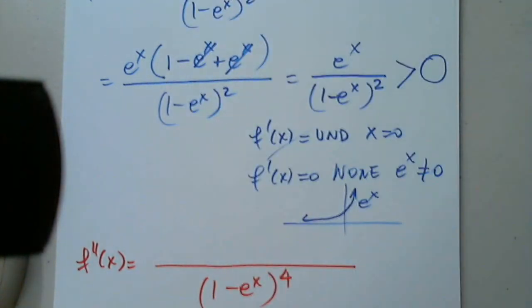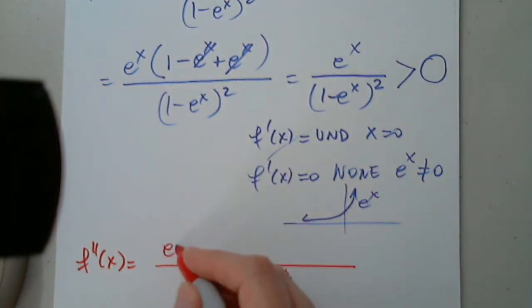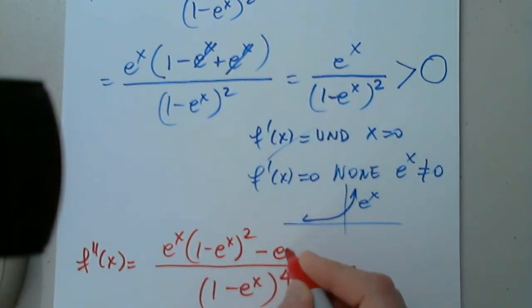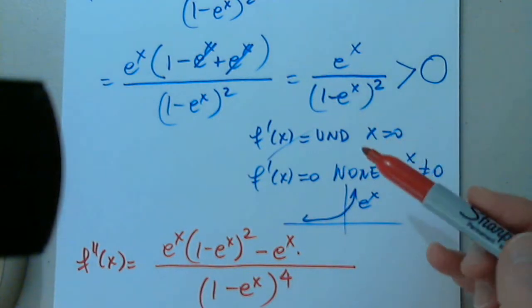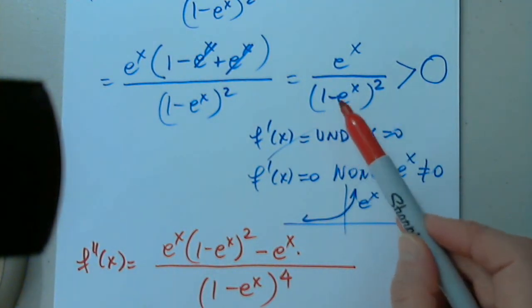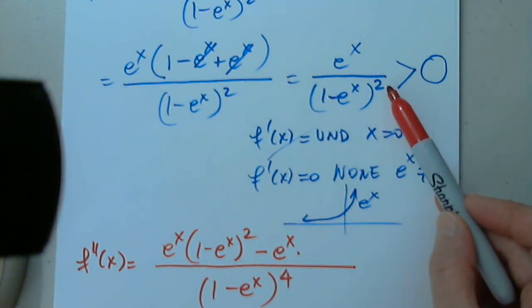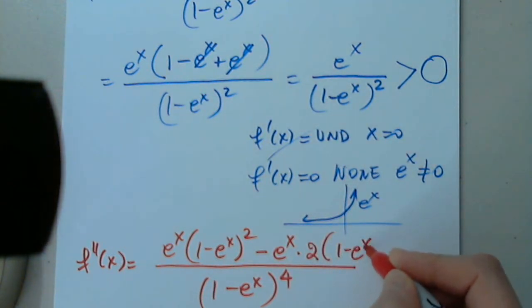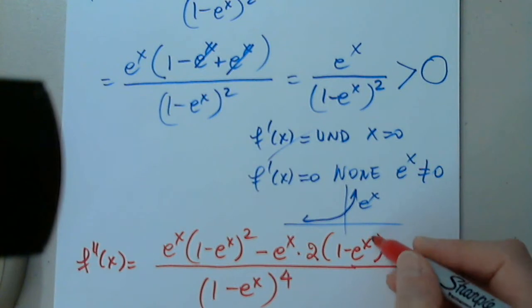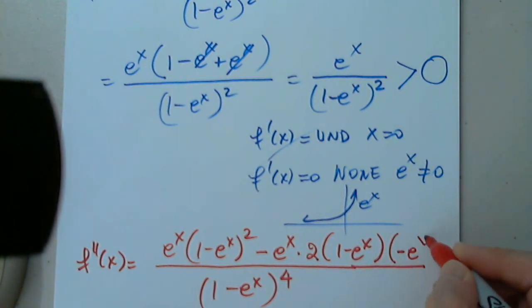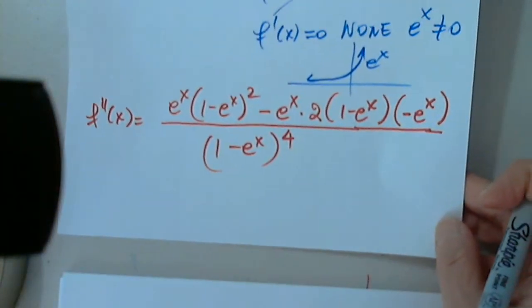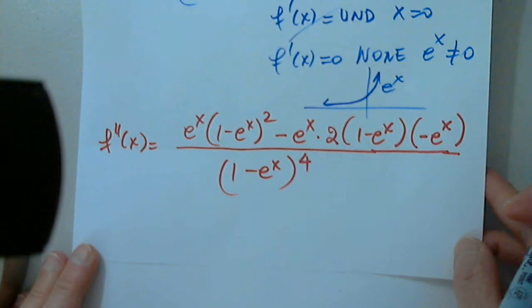The top function prime is e to the x times the denominator minus e to the x times, I have to differentiate 1 minus e to the x squared. I bring down 2, subtract 1 from the power, and differentiate the inner function, negative e to the x. Careful here, we want to clean it up maximum cleanup.